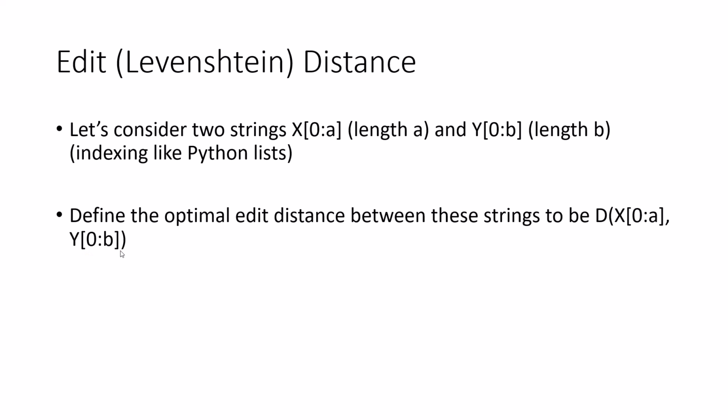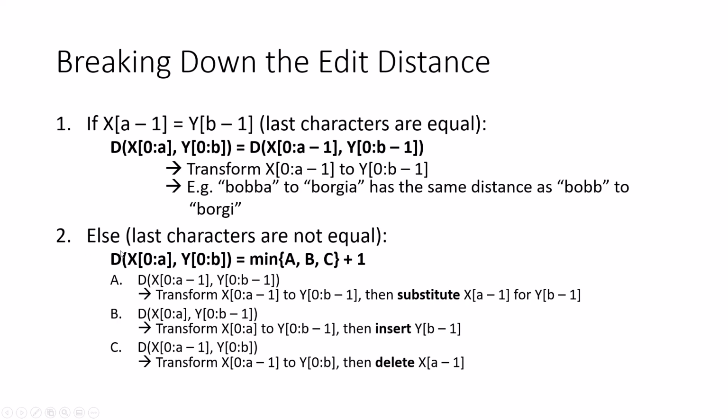Okay? So let's try to break down what the edit distance really means, because at first when you look at it, it might be a little bit daunting because there are so many different characters that you can insert or substitute, and so many different positions that you can insert or delete from. You can already imagine that if you were to try to enumerate every single possible way to do a sequence of insertions, deletions, and substitutions, that's going to have a terrible runtime.